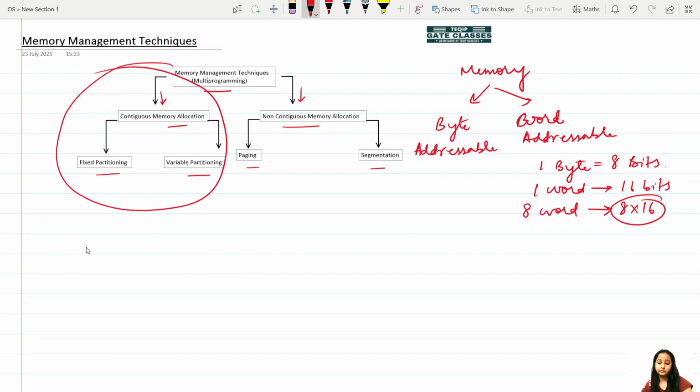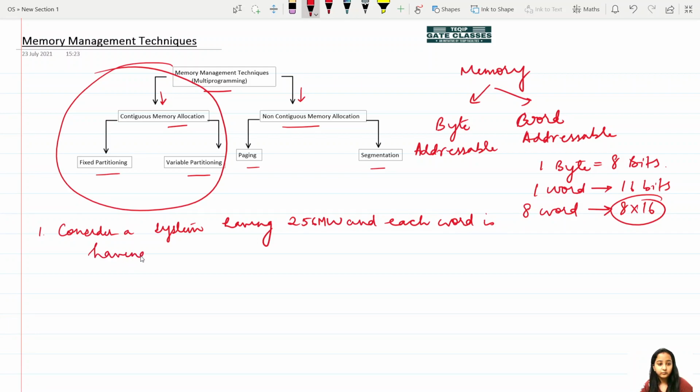So let's see one question based on this. Consider a system having 256 M words, and each word has 64 bits.